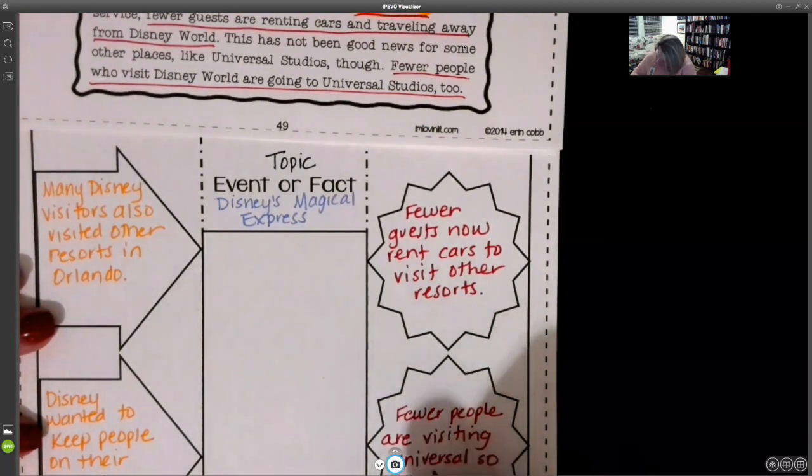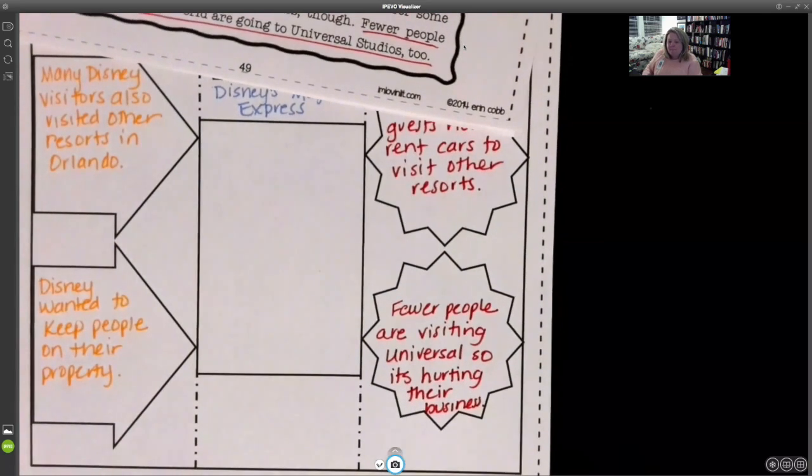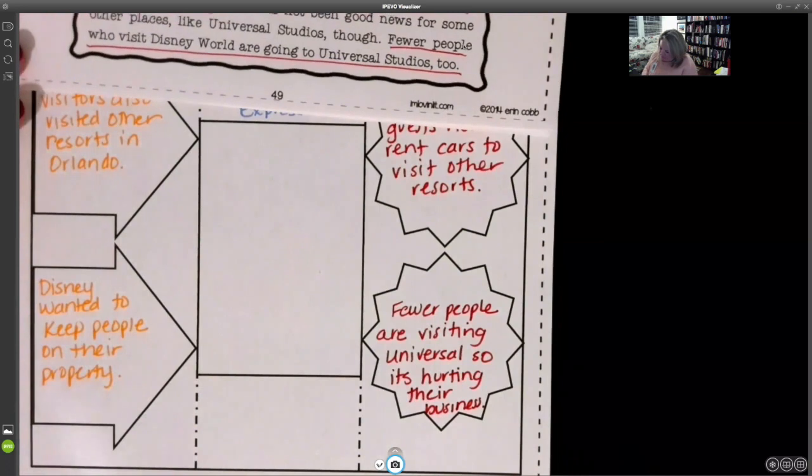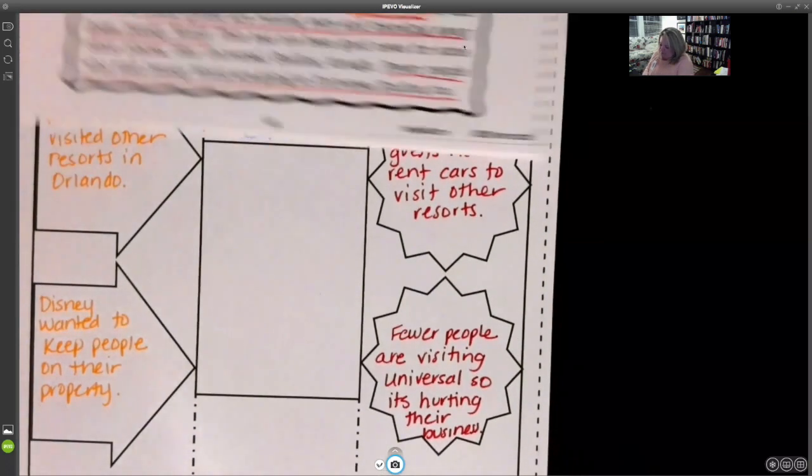So it's hurting their business, right? Because if they're getting fewer people, it's going to hurt their business. They're suffering. The business suffers.